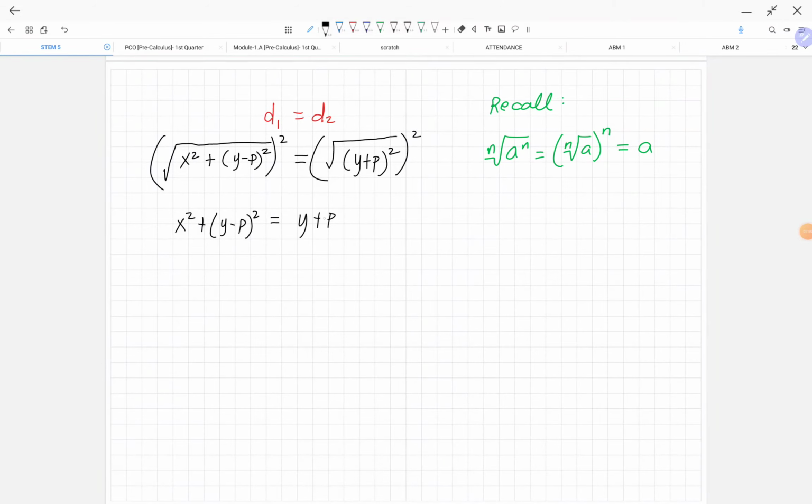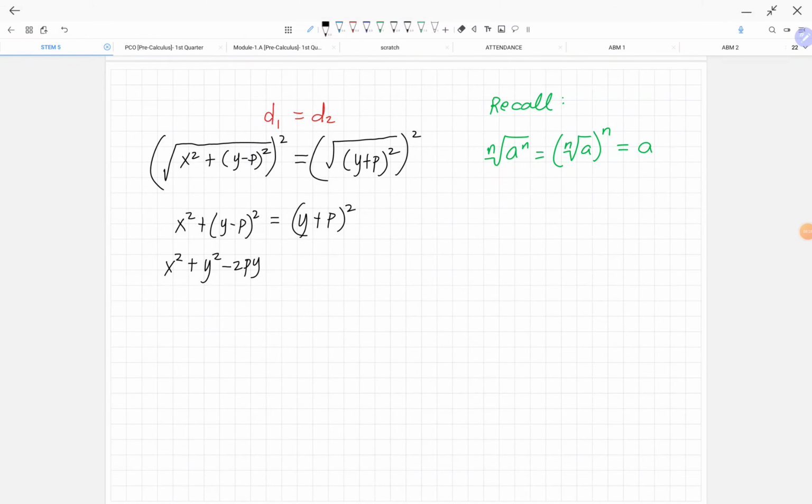So the answer will be the quantity y plus p squared. Now we are to expand both binomials. So we have x squared plus the quantity of y minus p squared. Squaring the first term, that's y squared, twice the product of the first and the second, so we have y times negative p, that's negative py times 2, negative 2py.